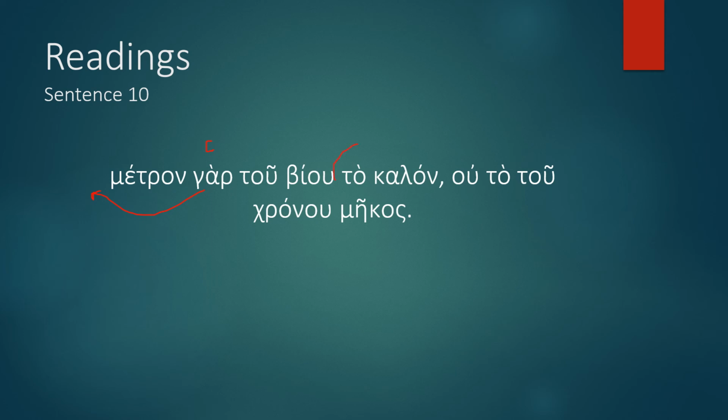The beautiful here, which is the subject of my current thesis, the beautiful. But we do have the article, and metron doesn't, so I'm inclined to take this as the subject. The beautiful is the measure.